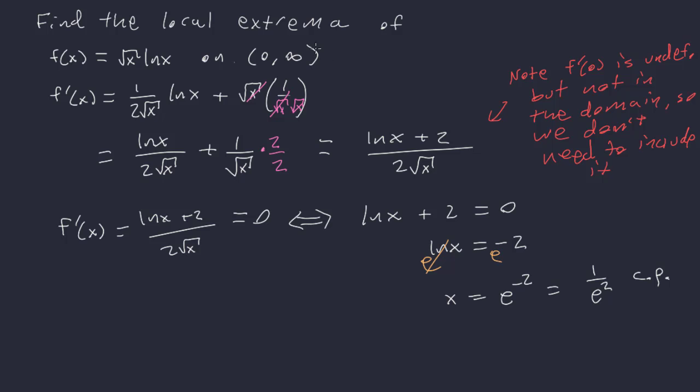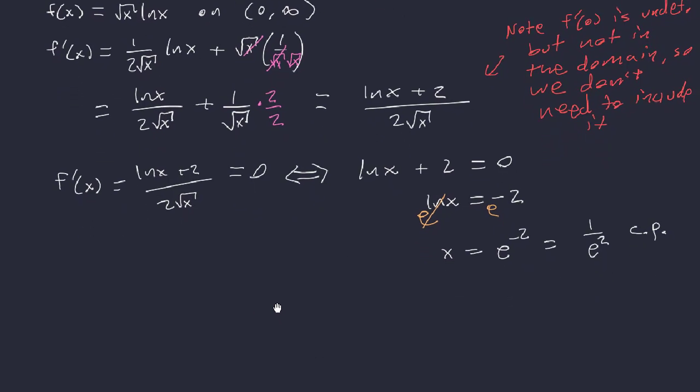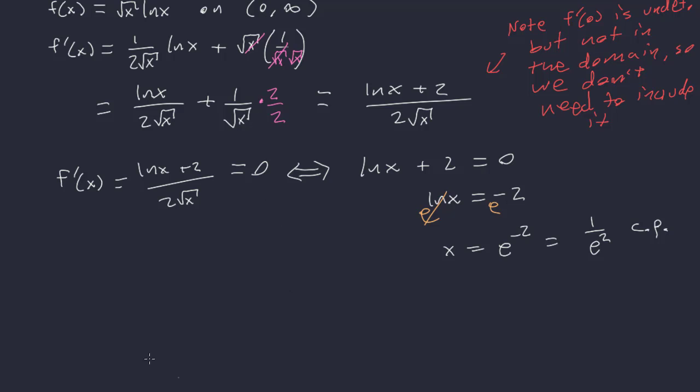Now, when you have a restricted domain like this, when you set up your number line, I like to do this: I'm going from 0, but not including it, so I put an open dot, and then continue my number line, and put this 1 over e squared here as our critical point.